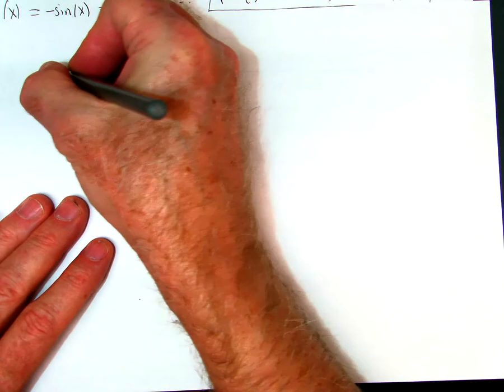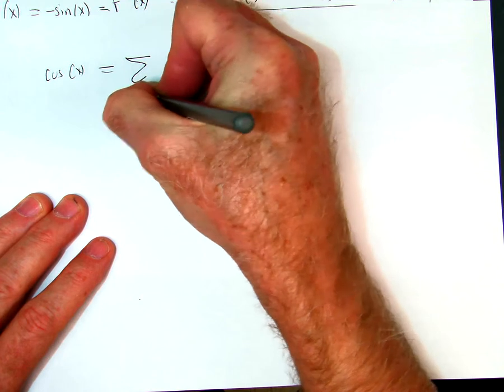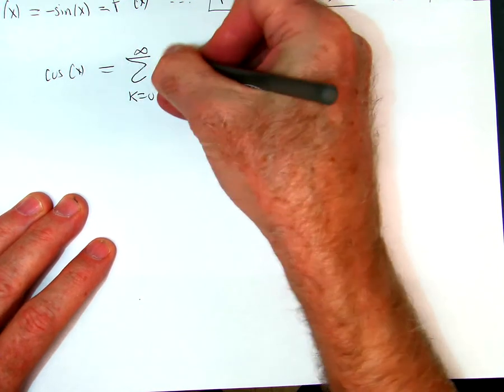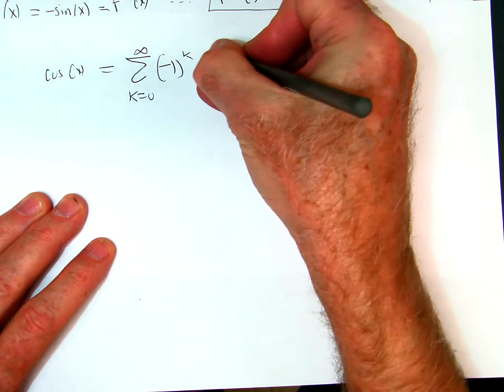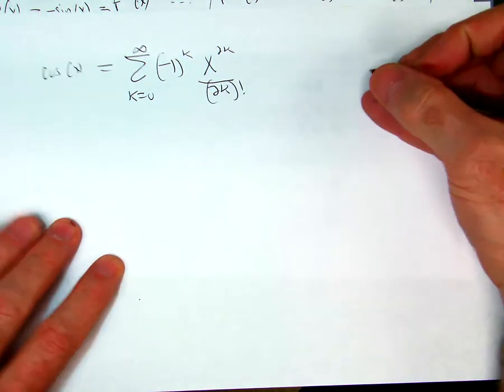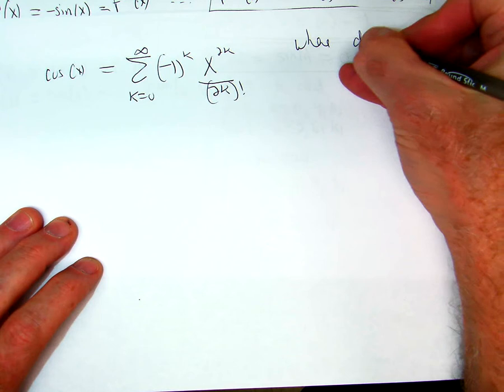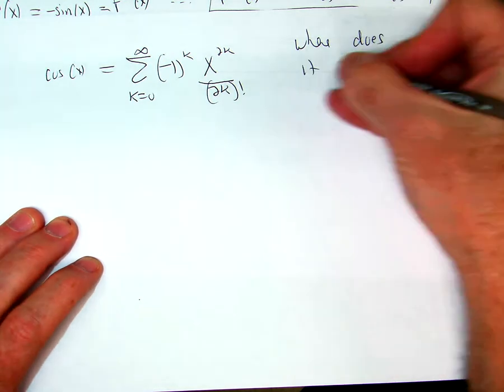Not the last video, but the last question for this. So cosine x, I'm just rewriting, has this formula, and where does it converge? We're going to see that it converges for all x.